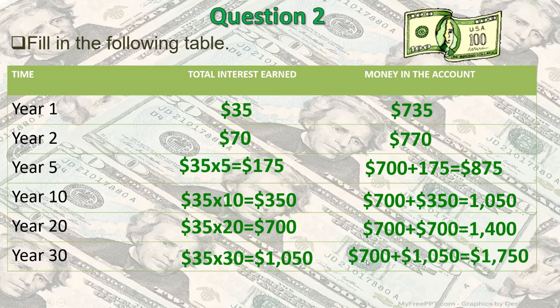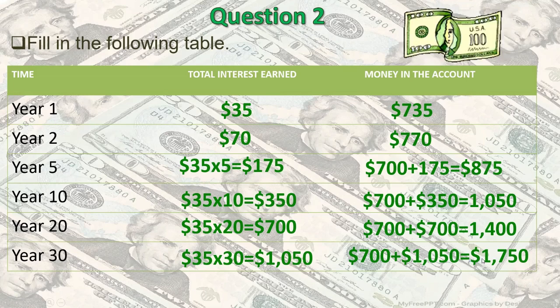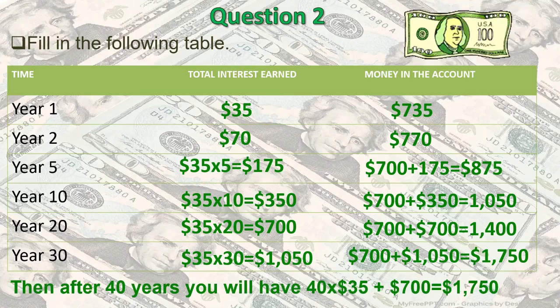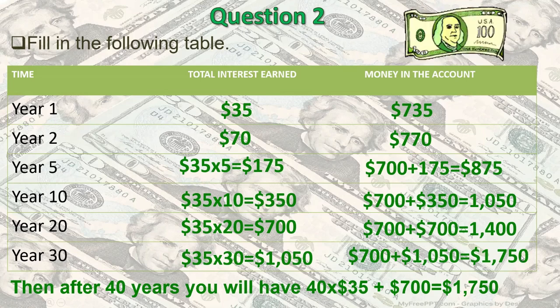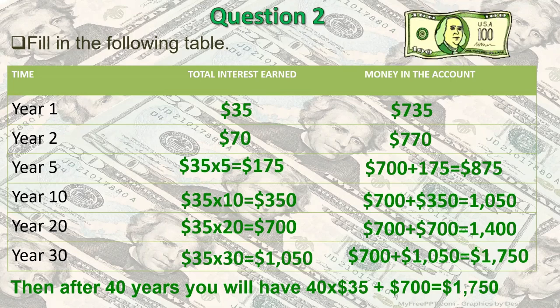And we do the same: $700 from our original investment, the amount of interest we earned over 30 years, $1,050, and the total would be $1,750. And finally, after 40 years, you will have 40 times 35, plus the $700 that we originally invested, and that we would calculate out to be $1,750 after 40 years.